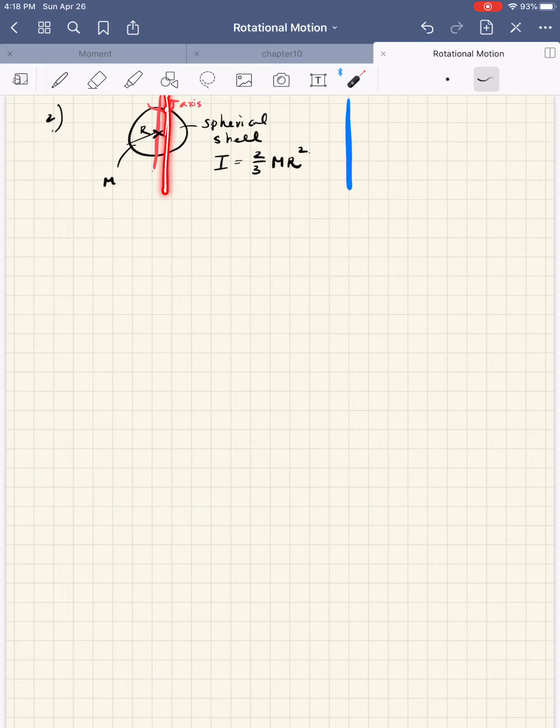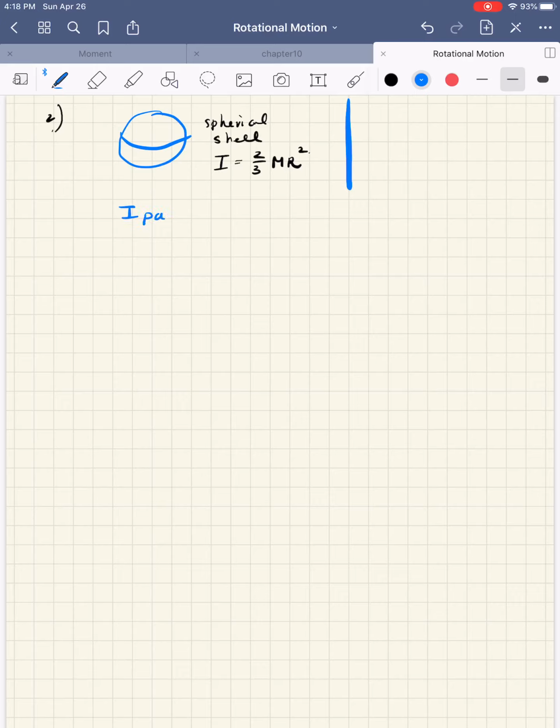I found it around this axis, and I used a lot of properties of a sphere or a circle in order to solve this problem. But what if I had the same mass and it's no longer around its original axis, but it's still a spherical shell, rotating now around this axis? Well, the answer to how do I find the moment of inertia is something called the parallel axis theorem.